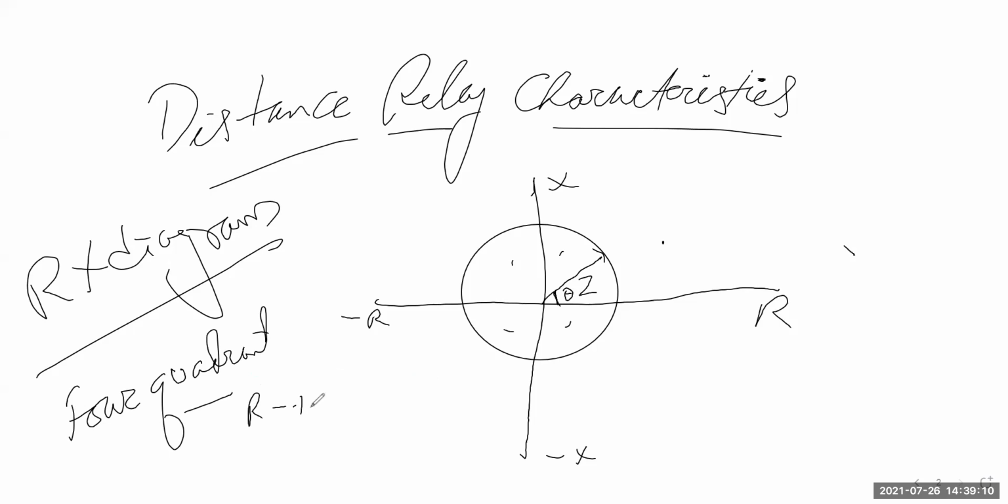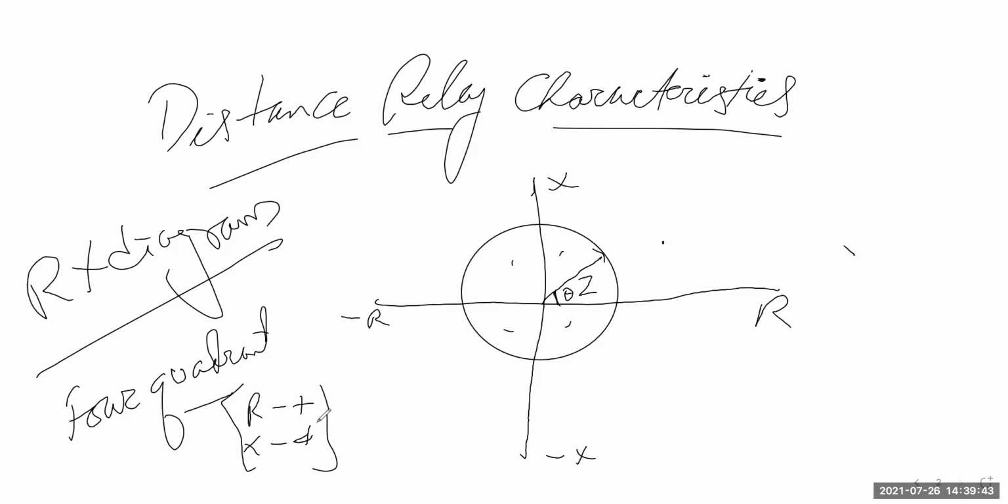When R is positive and X is positive, it means the fault impedance is greater than the normal impedance. So in this case, the relay operates in the first quadrant.